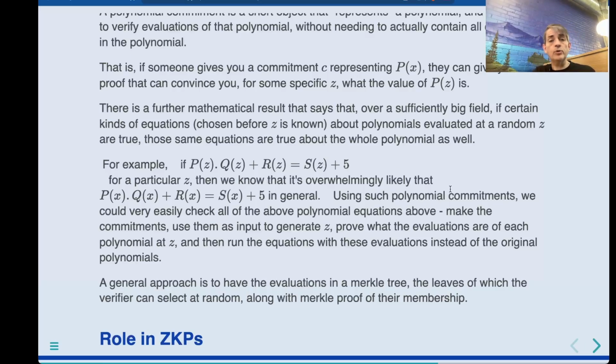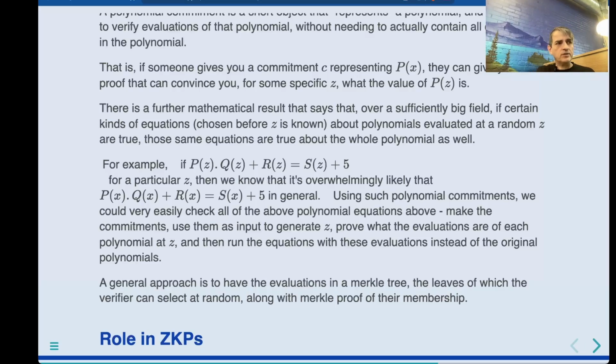Now, if that's true for a particular value of Z, it's overwhelmingly likely that that is true in general for any value that we put into these polynomials, which is amazing. That's a great result, and perhaps a little surprising.